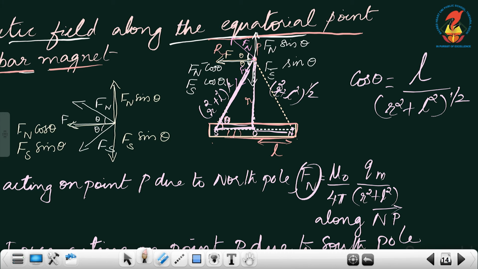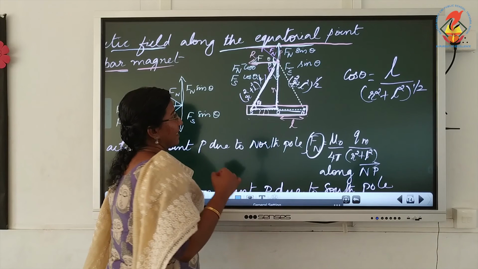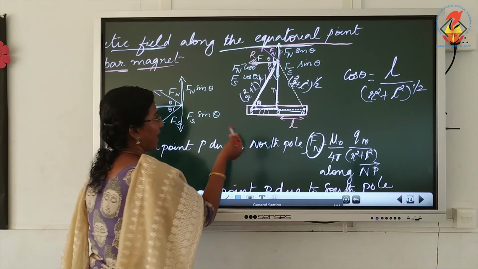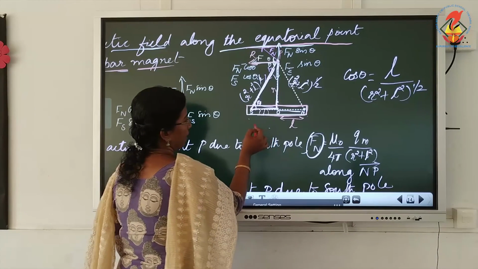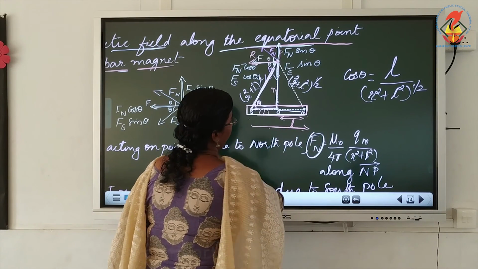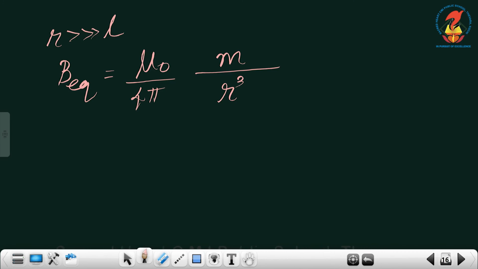So I am going to write this point as R. So direction of resultant force is from P to R, and this direction is opposite to the direction of magnetic dipole moment, which is from S to P. So mu 0 by 4 pi m divided by R cube along the direction PR.